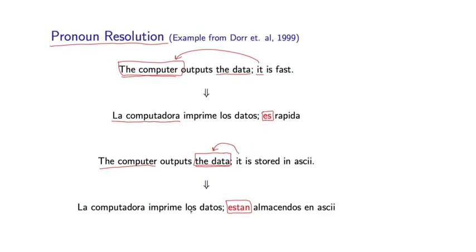In the second case, it refers to a plural noun phrase, and so we get a different form. So basically, to be able to translate this word it correctly into Spanish, we are going to have to first resolve which noun phrase in English it refers to, decide whether that noun phrase is plural or singular, and thereby choose one of these two different pronoun forms. So again, this is a problem with ambiguity. These sentences are ambiguous, at least we have to resolve where these pronouns refer, and depending on these disambiguation decisions, we end up with different translations.